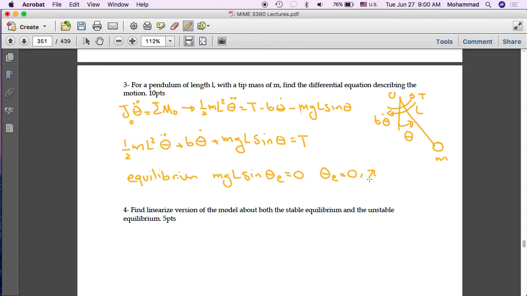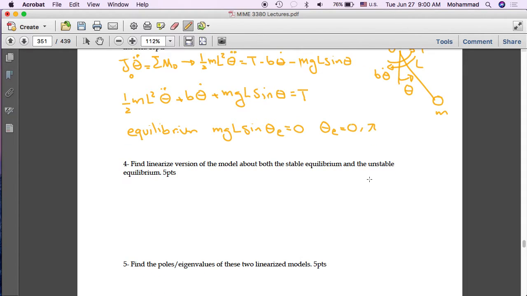And the next question asks you to find a linearized version of the model about each of these two equilibrium positions. So what you need to realize is, according to Taylor's series expansion, sine theta, when theta is approximately equal to 0, or it's close to 0, is equal to theta when theta is expressed in radians. Please remember that.